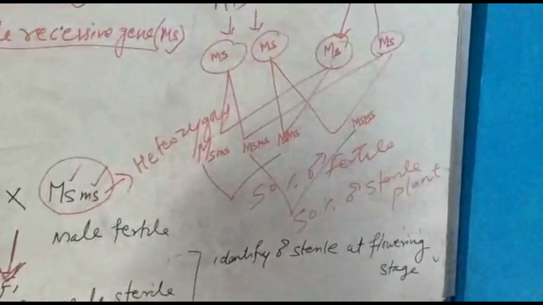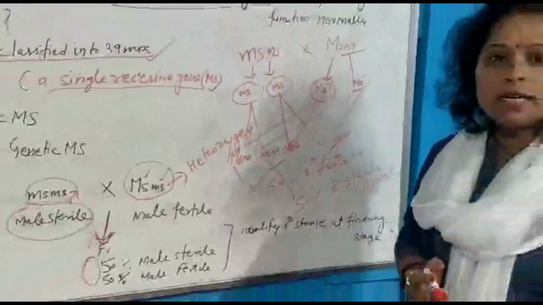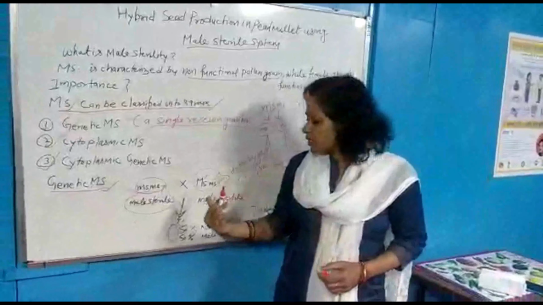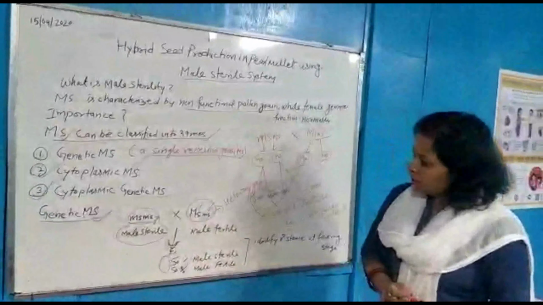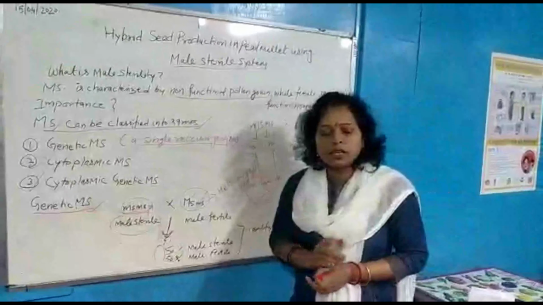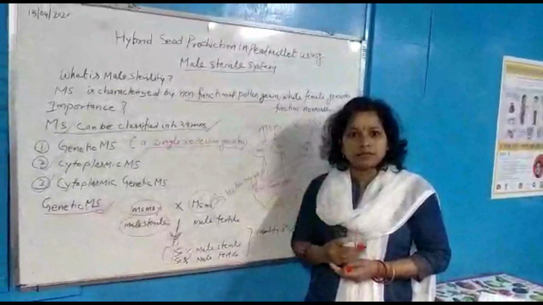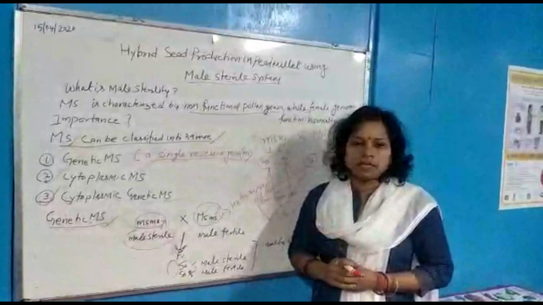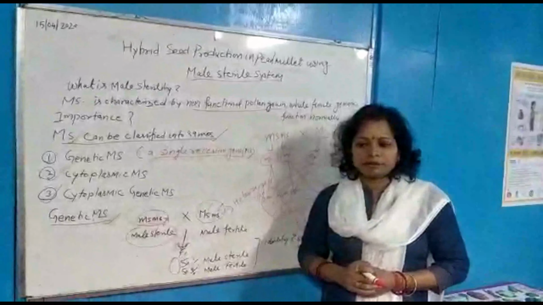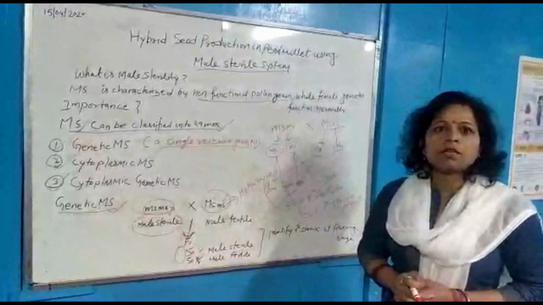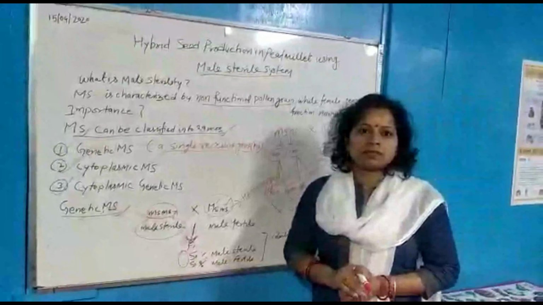But in this case there is one drawback: we cannot differentiate male fertile and male sterile plants at the progeny stage, only at the flowering stage. So it is very uncommon in cross-pollinated crops and other crops.